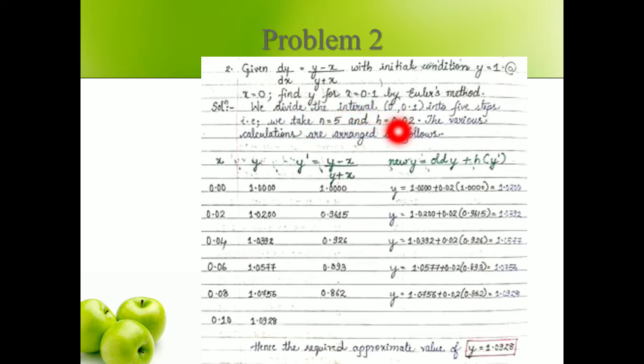We divide the initial interval 0 to 0.1 into 5 steps. We get n value to be 5 and h value to be 0.02, because the initial values they have given are y as 1 and x naught as 0. We have to find y at 0.1. So the smallest value you can take is 0.02.